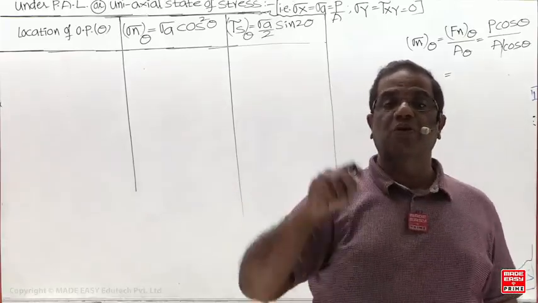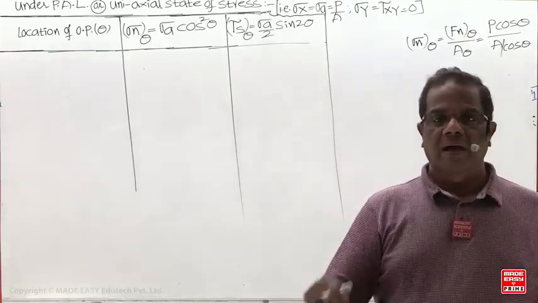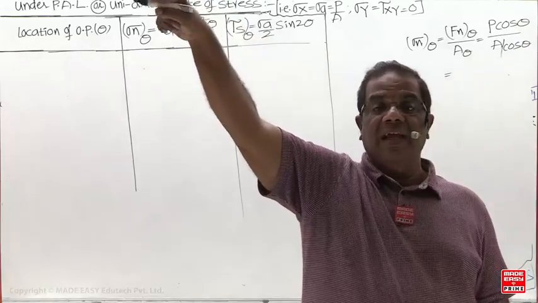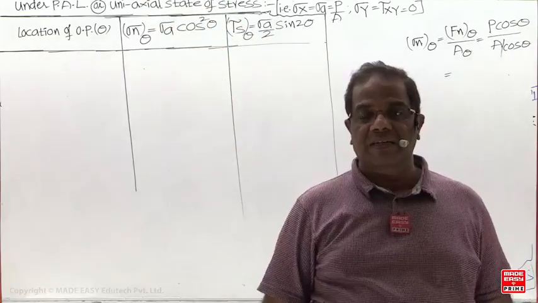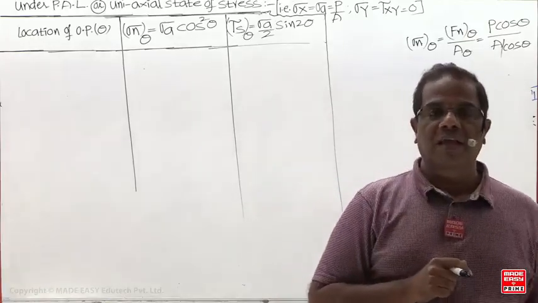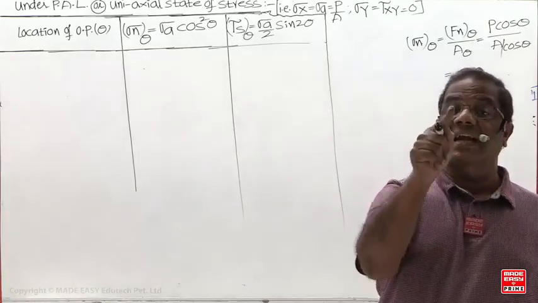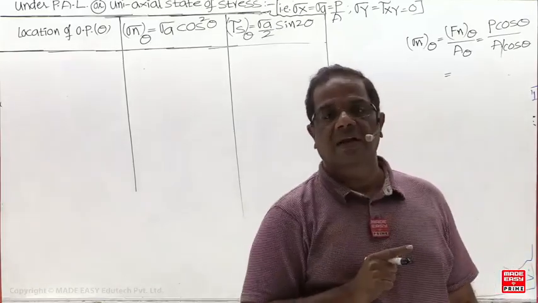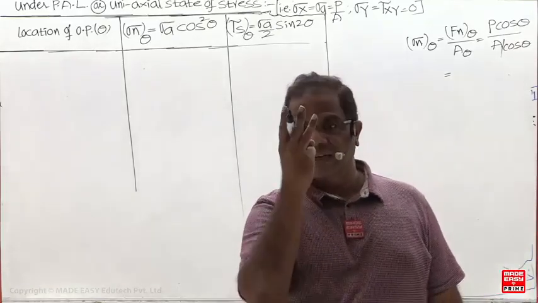That's when, in mathematics, you write the vector A equal to AX i plus AY j plus AZ k, where i, j, k are the unit vectors, and AX, AY, AZ are the components. Area is a vector quantity. So stress is a second order tensor, a function of two vectors.